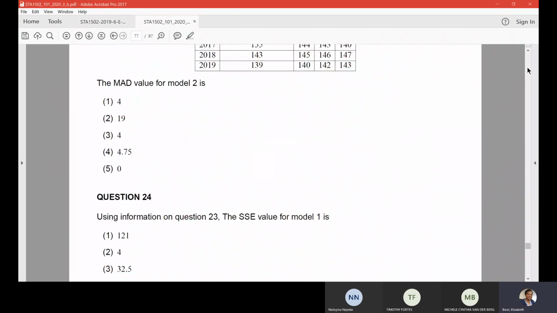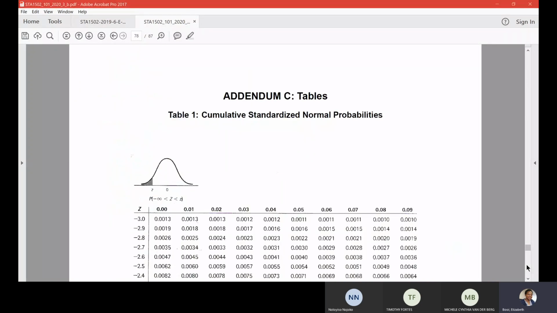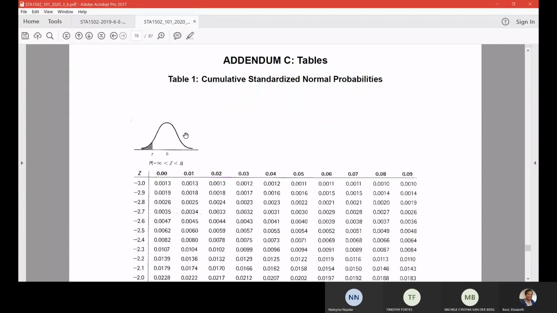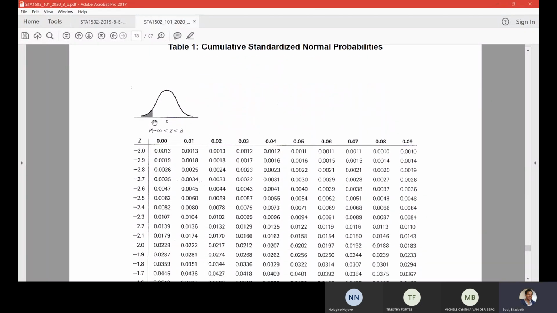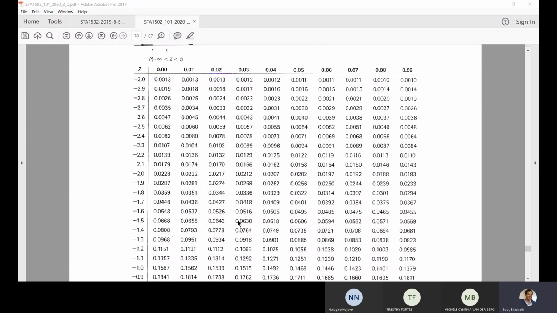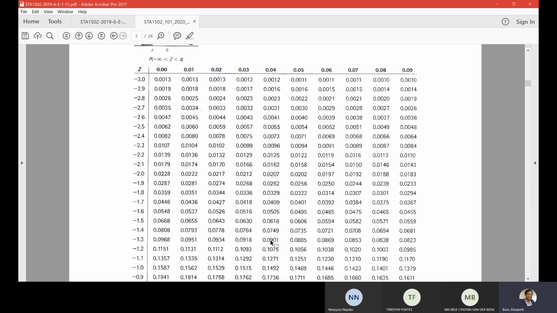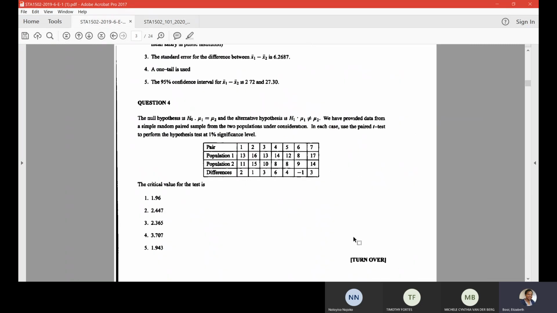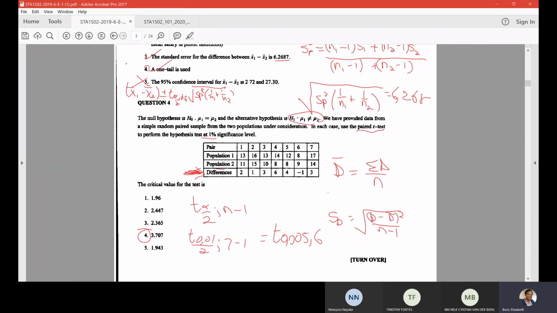I know these things by heart, but this is the tutorial letter, so it's not going to have formulas here. Usually your exam paper will come with formulas. I don't know if the online platform will give you formulas, but they will supply them, and it will be n minus 1.